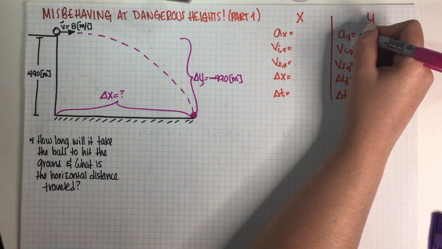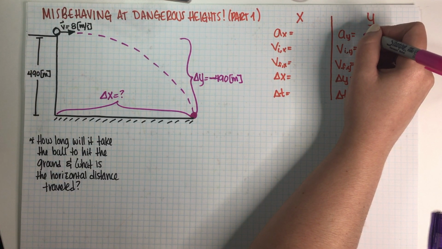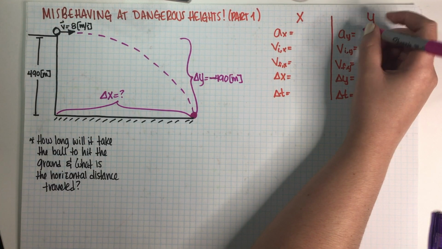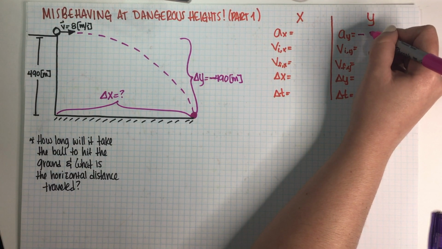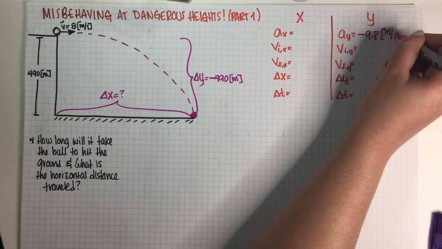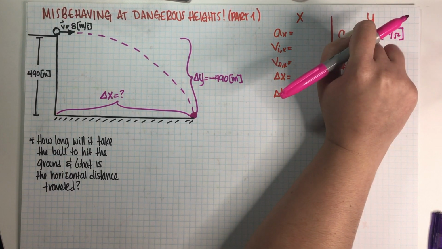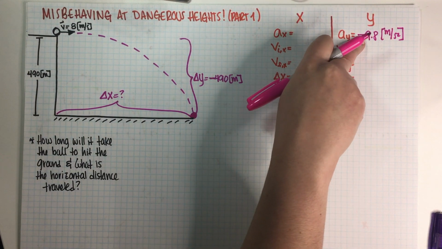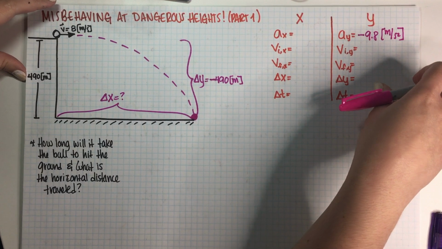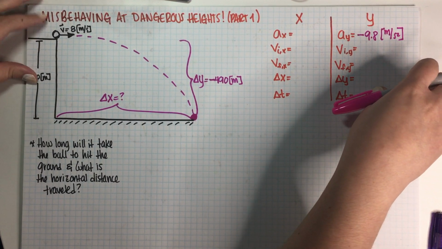However, again, in these kinematic equations problems, direction matters. So acceleration on y is actually negative 9.8. If I had this as a positive, then my equations would think that gravity is going up, when in reality gravity is going down. So that part is important.